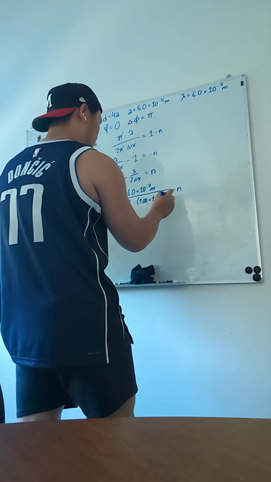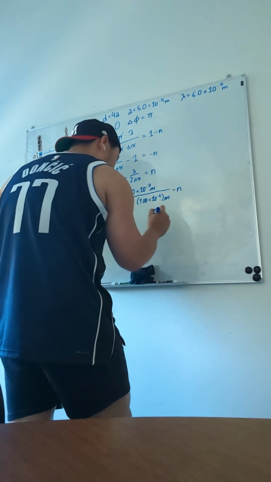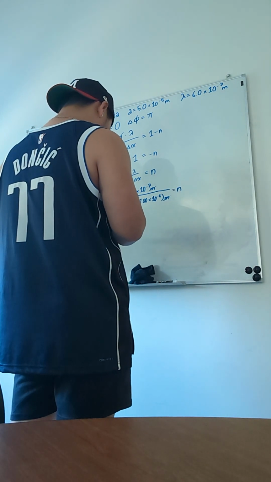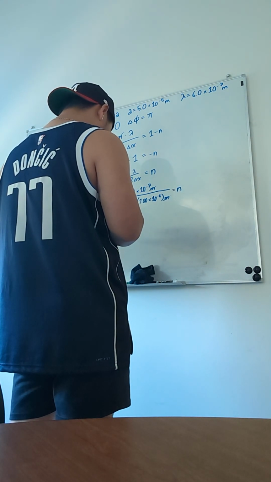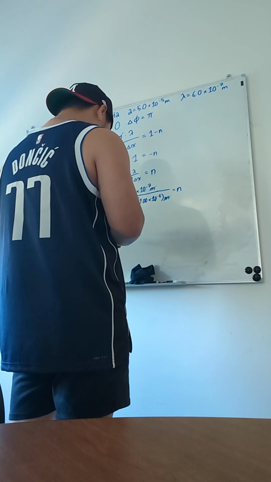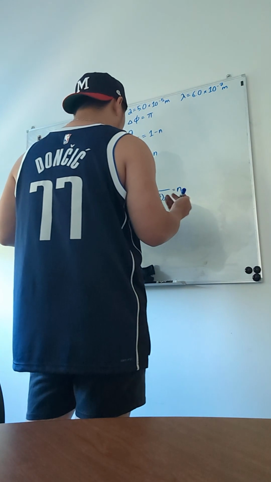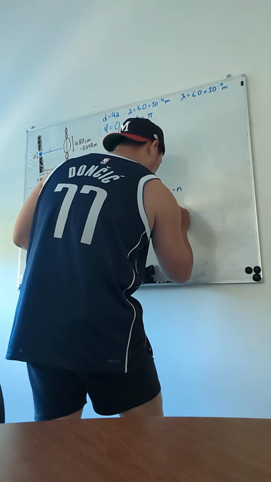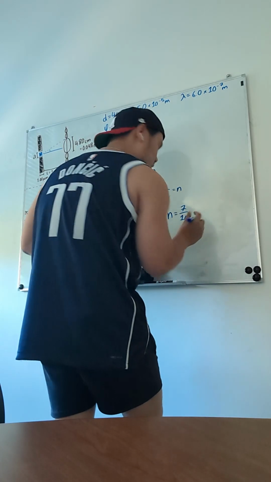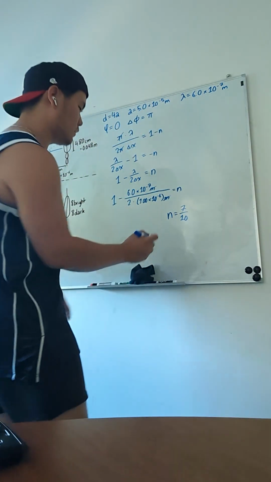Now these cancel out nicely, so what we're left with is 1 minus 6 times 10 to the negative 7th over 2 times 10 to the negative 6th. What we're left with is a nice, clean n equals 7 over 10, and that is our smallest possible value of n.